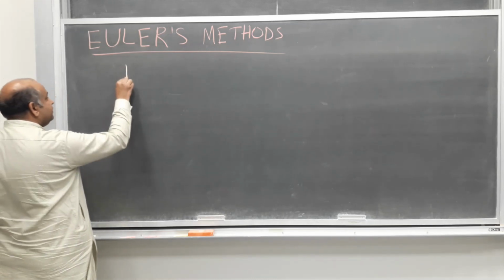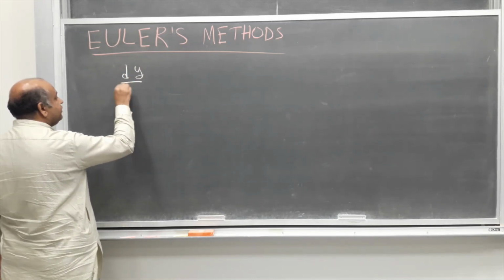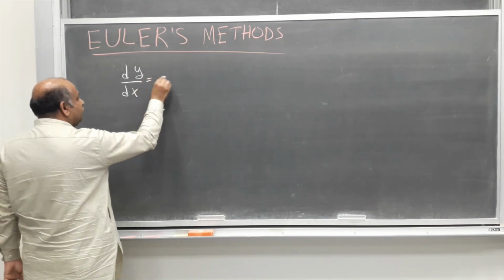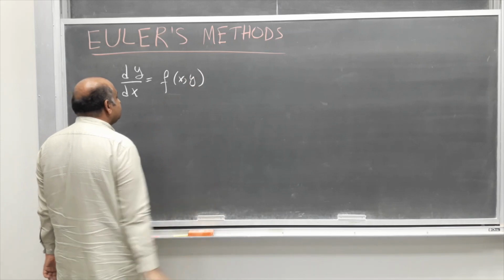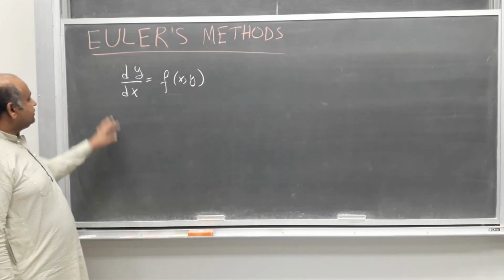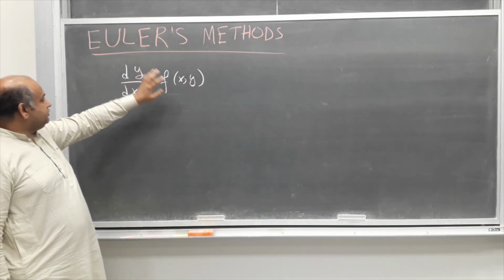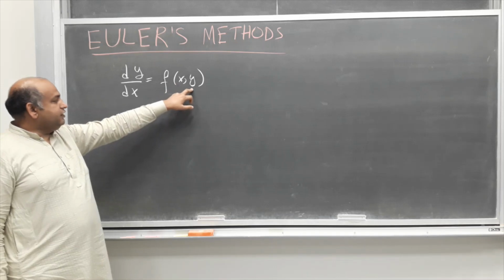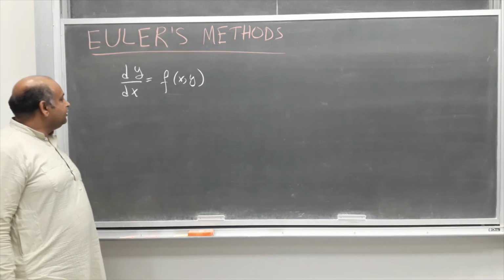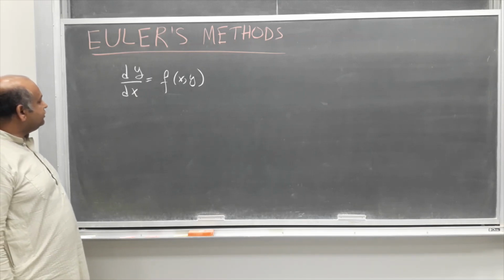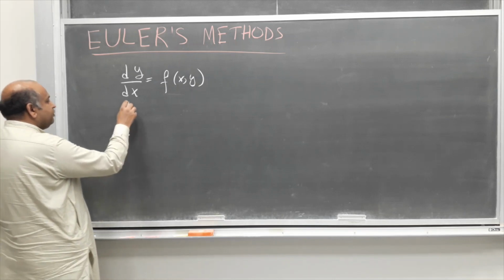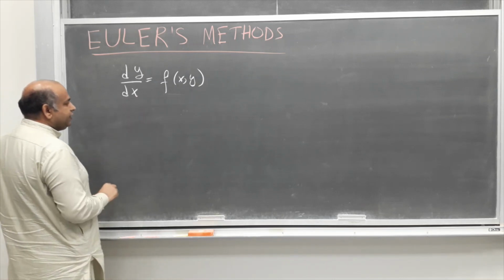Suppose we have a first order differential equation to solve, which can always be rearranged to be written like this. The first derivative is equal to some function which has both x in general and y in it. So we can easily set up a numerical method to solve this equation if we exploit the definition of this derivative.